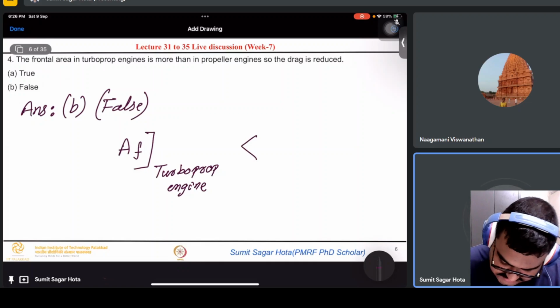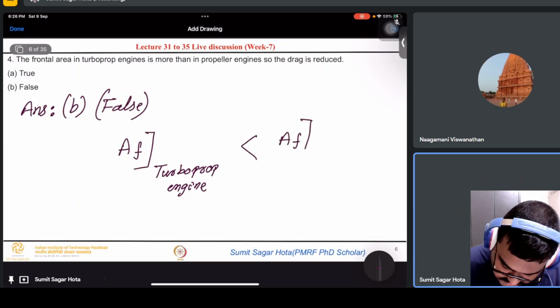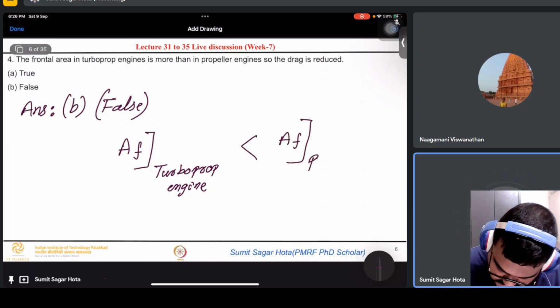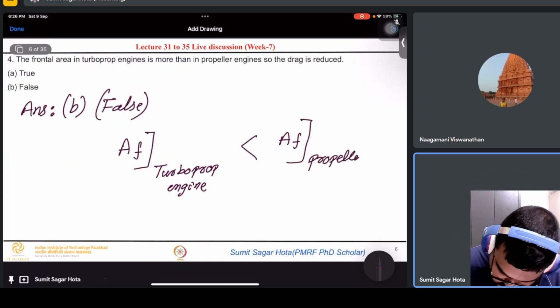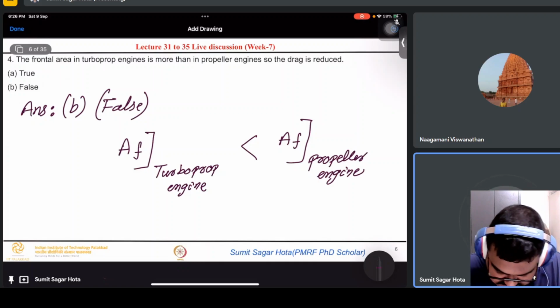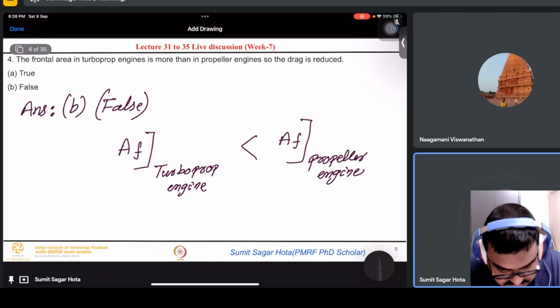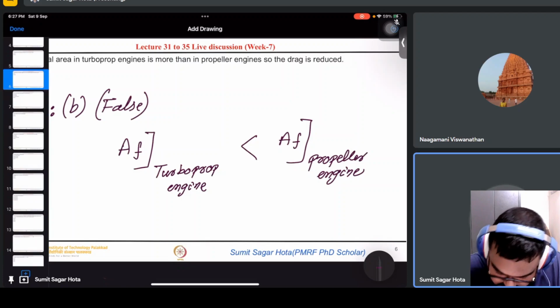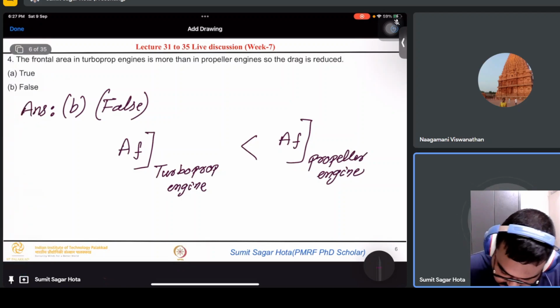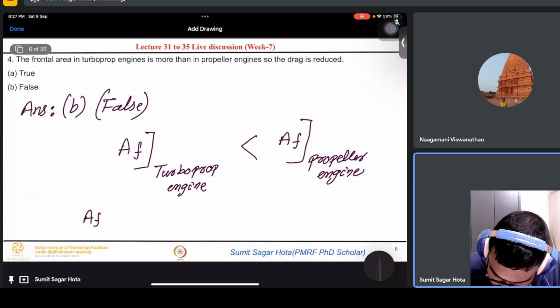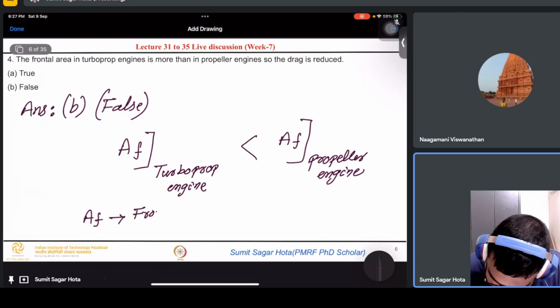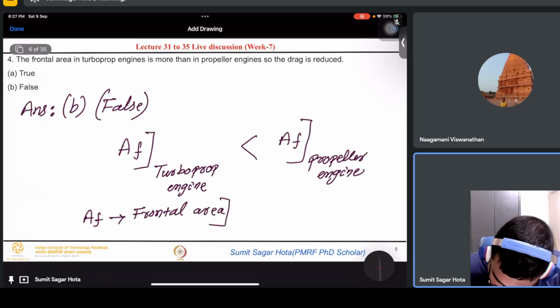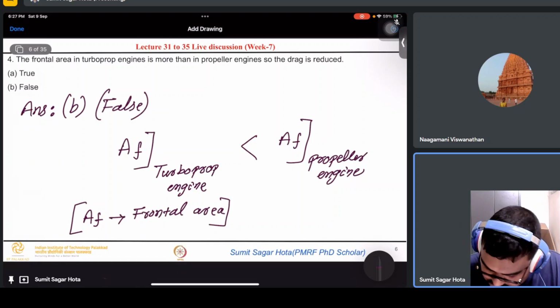It is always less than the frontal area of the propeller engine. That's the reason it is false. What is AF? Frontal area.